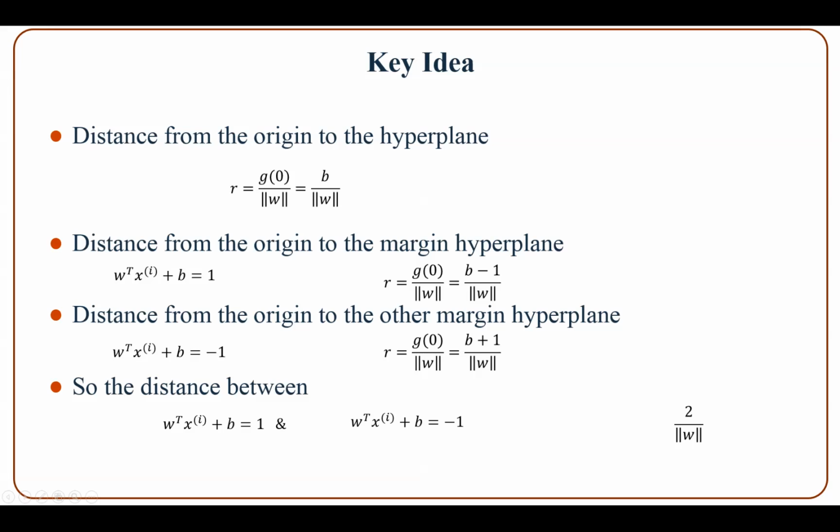And finally we have b plus 1 divided by the norm of w. So the distance between the two margin hyperplanes is given as 2 divided by the norm of w.